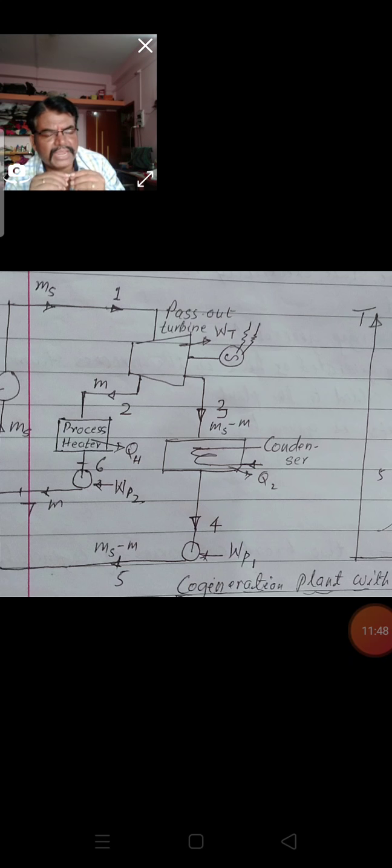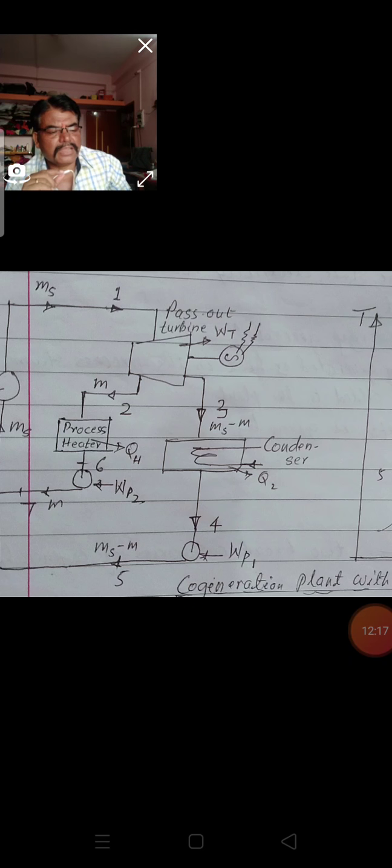Now the main advantage of this cycle is its ability to use a wide range of fuels including wood, coal, petroleum, coke, etc., and hence it is used where low quality and byproduct fuels are readily available.